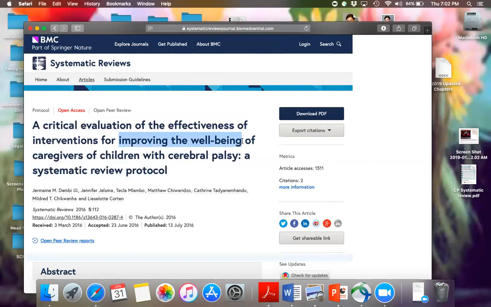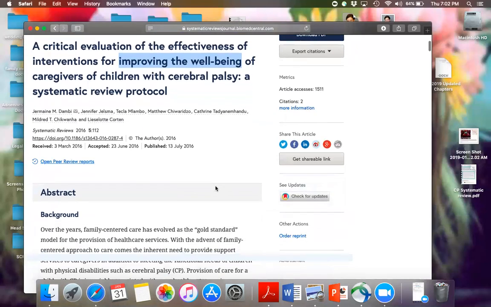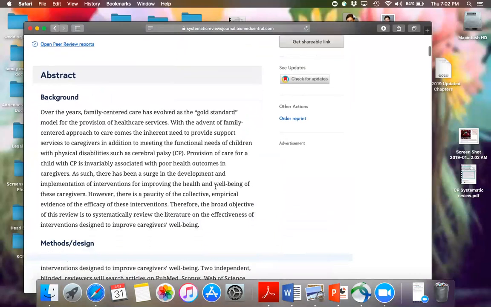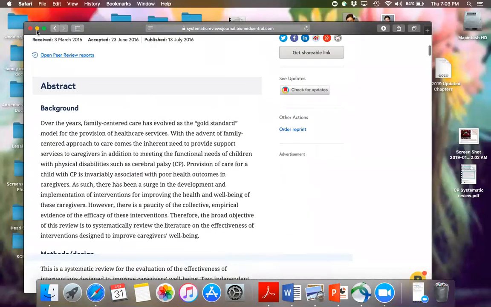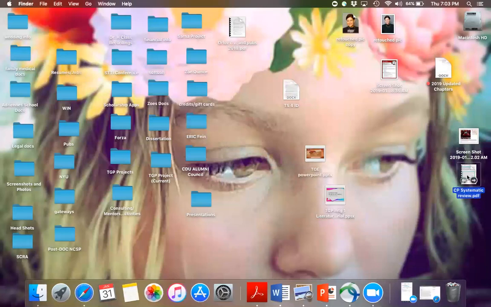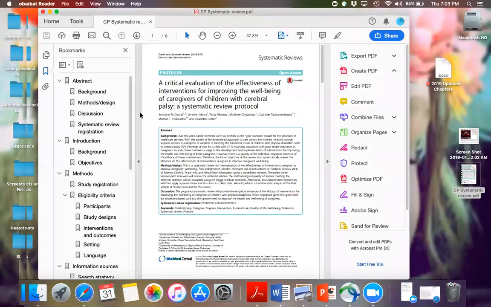So our second question, which was about if you're a caregiver, does it mess with you mentally, physically, financially, some other way? This article title in and of itself tells me, yes, it does. So when I go to read this article, I'm probably going to look at the abstract and see, does it kind of fit what I'm thinking about? And if it does, they don't have access to the whole thing right here, but I do. So this is the article itself.